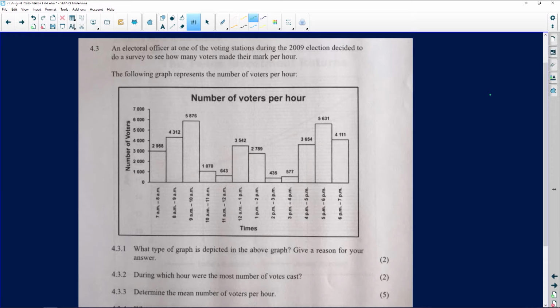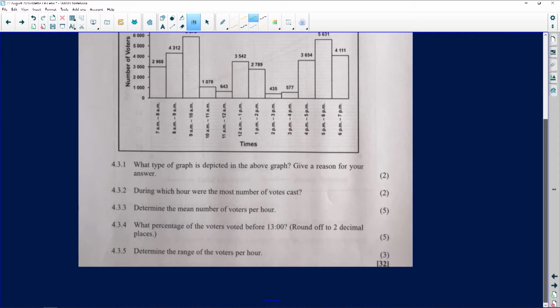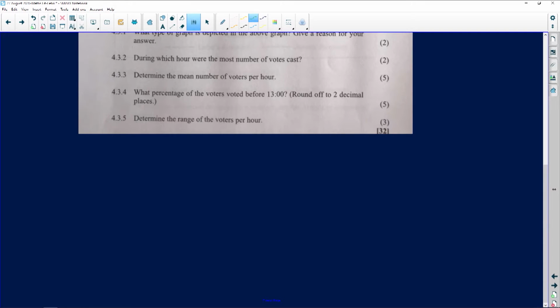The first question in terms of this histogram is, what type of graph is depicted in the above graph? Give a reason for your answer. And I've been saying all along, it's a histogram, okay? What makes it a histogram? There are no spaces in between the bars. That's it. Let's write that down. I'm just going to name that number one.